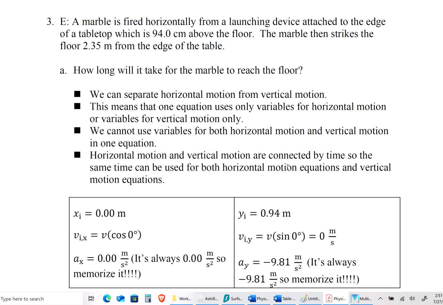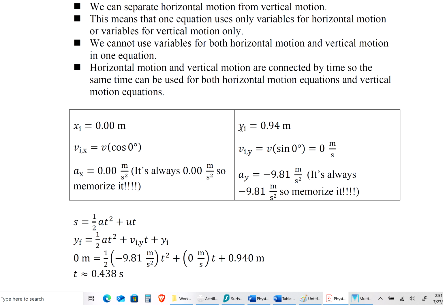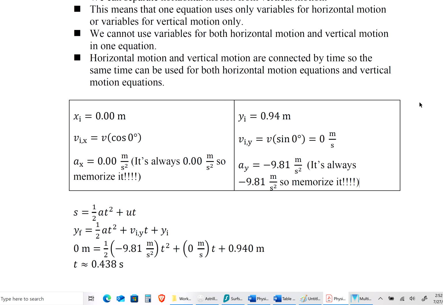Question number 3. A marble is fired horizontally from a launching device attached to the edge of a tabletop, which is 94 centimeters above the floor. The marble then strikes the floor 2.35 meters from the edge of the table. Part A, how long will it take for the marble to reach the floor? So we want to know the time. Once again, problem 3A is like problem 2 and problem 1.